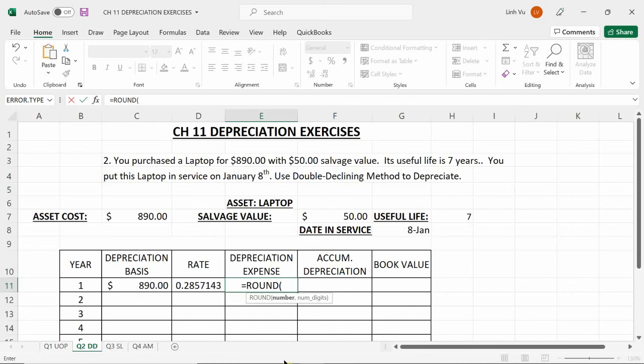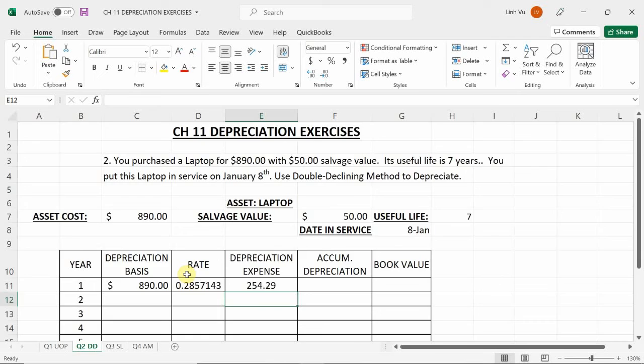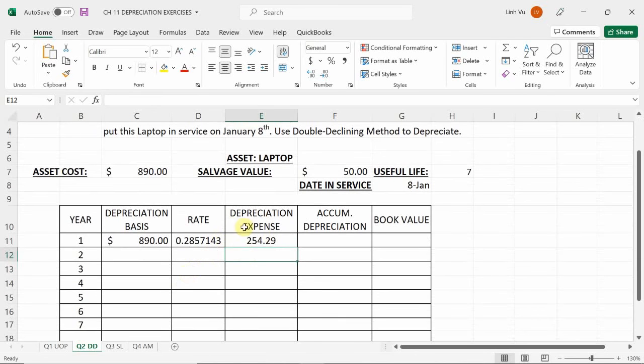How do I solve for my depreciation expense? You take the rate times the depreciation basis. Good. What is my total here? 254.29. Now let's ask the question, can I depreciate for this entire amount?